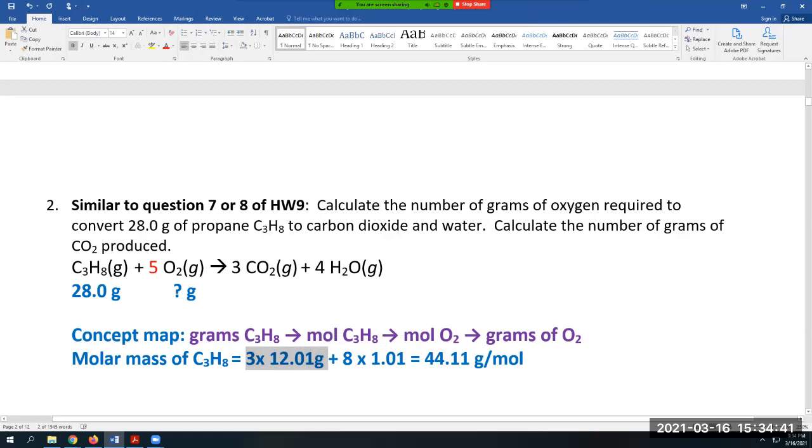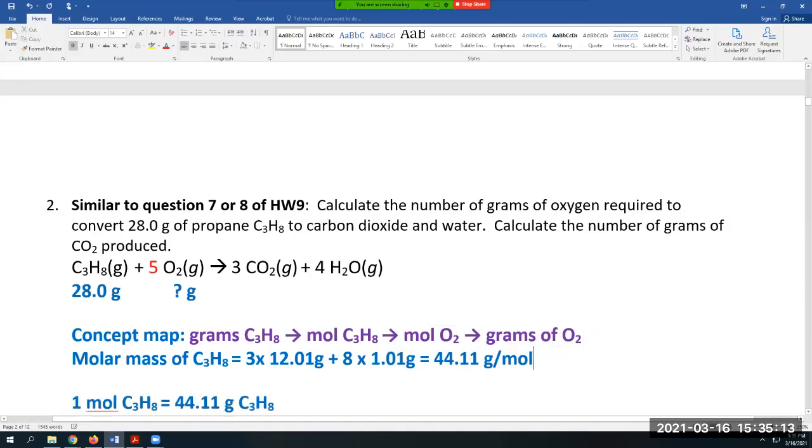And then you add 8 times the molar mass of hydrogen, and hydrogen is 1.01 grams per mole. You add that together, and it's 44.11 grams per mole of C3H8. Again, we are doing an addition, and because we are adding, we pay attention to the least number of decimal places, and both molar masses have 2 decimal places, so we keep 2 decimal places.